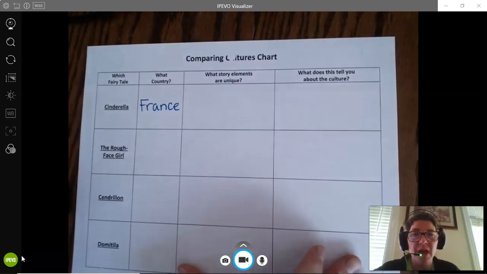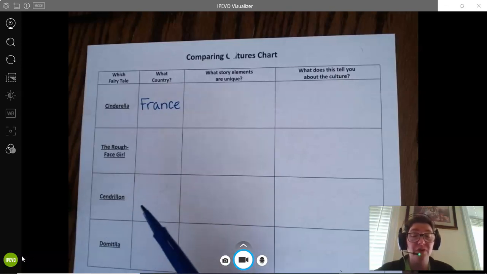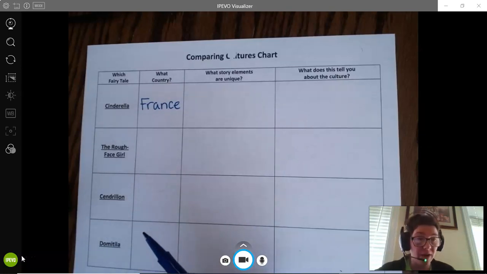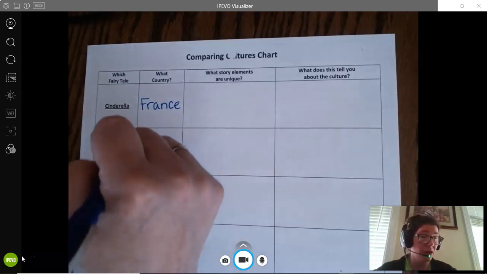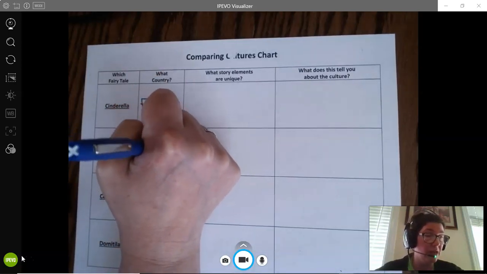Okay. And then the rough-faced girl, it took place on the banks of Lake Ontario, and we have also learned that the Algonquin tribe lived up there in the north in Canada. So they are from the country of Canada.